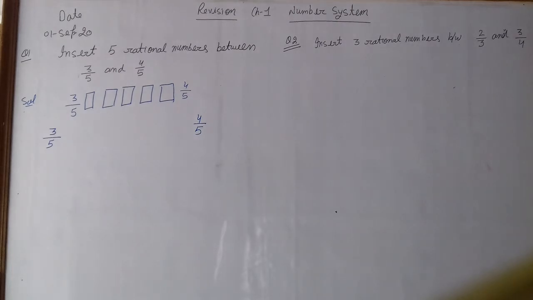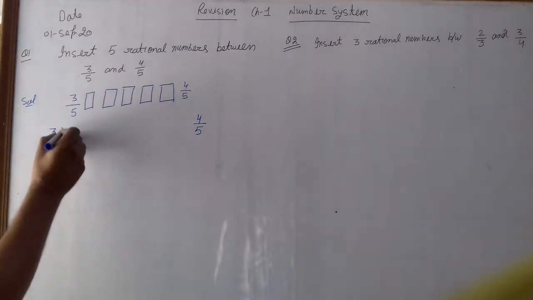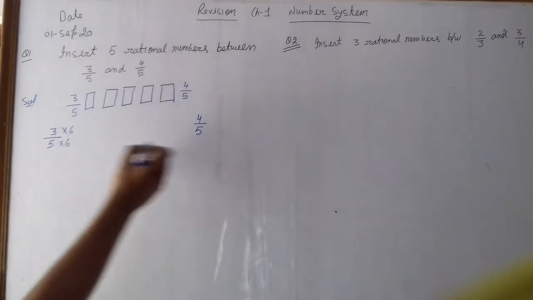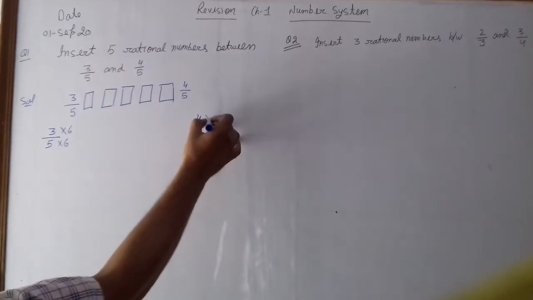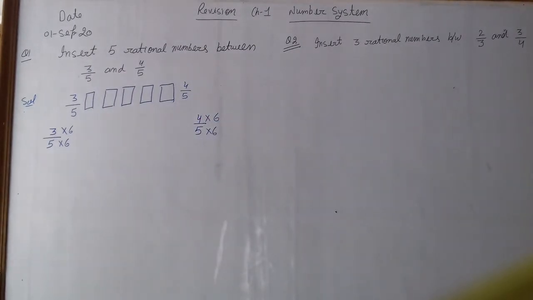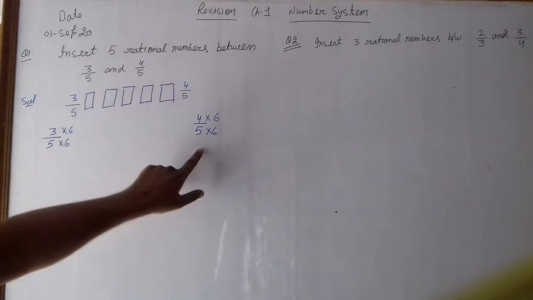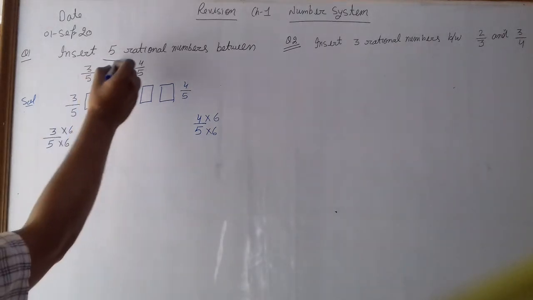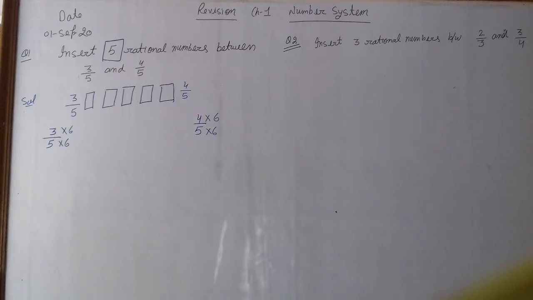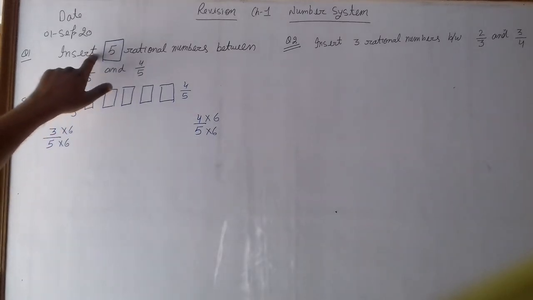So 3 into 6, 5 into 6, 5 into 6, 4 into 6. The number that is multiplied to all the numbers is one more than the numbers to be inserted. जितने नंबर हमें इंसर्ट करना है उससे वन नंबर ज़्यादा.